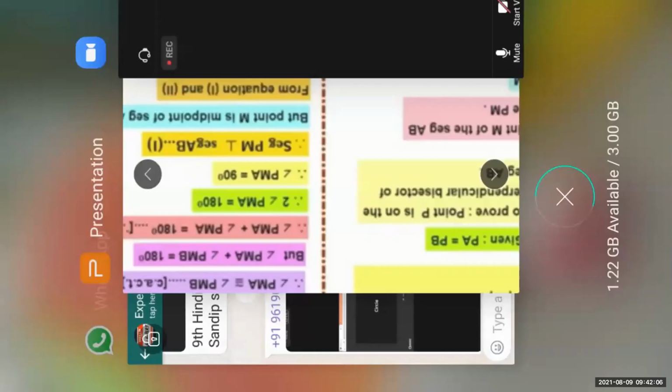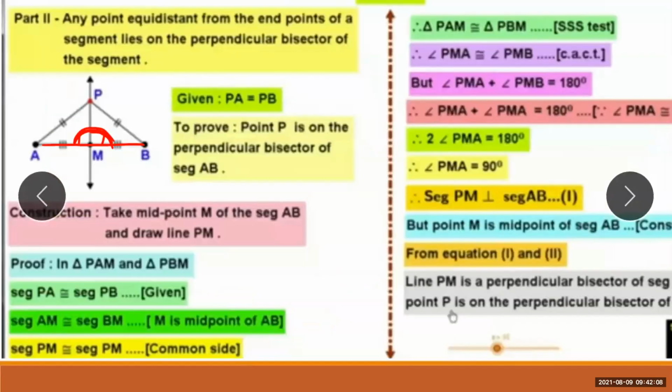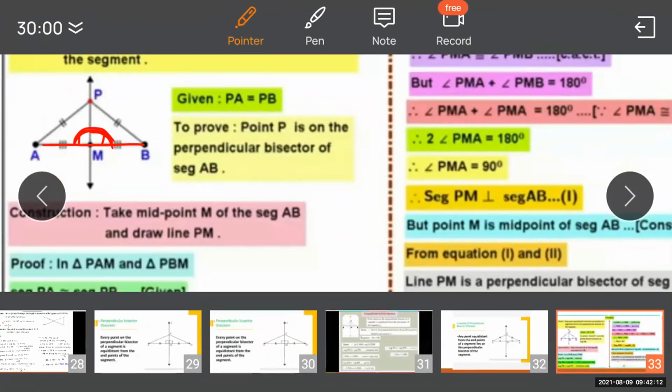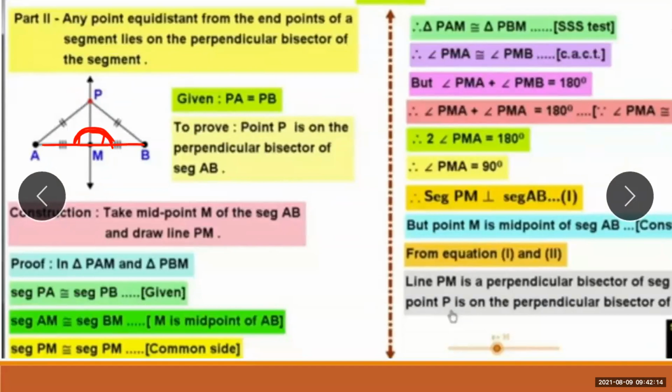Yes, so that is how to write the proof for the perpendicular bisector theorem. It is the converse of it. This is the proof of the converse of the perpendicular bisector theorem, right?